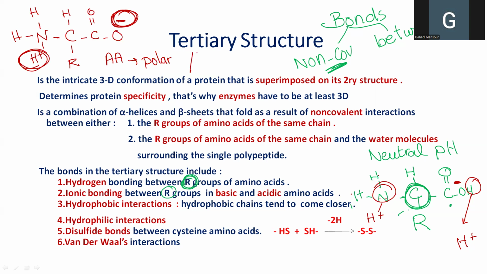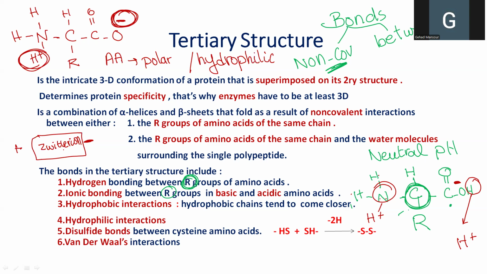And since they are polar molecules, they are hydrophilic molecules. They are lovers of water, and they can dissolve in water. Furthermore, this state of the amino acid, where it has one negative side and one positive side, is called a zwitterion. So what is a zwitterion? It is an amino acid molecule that has one negative side and one positive side.